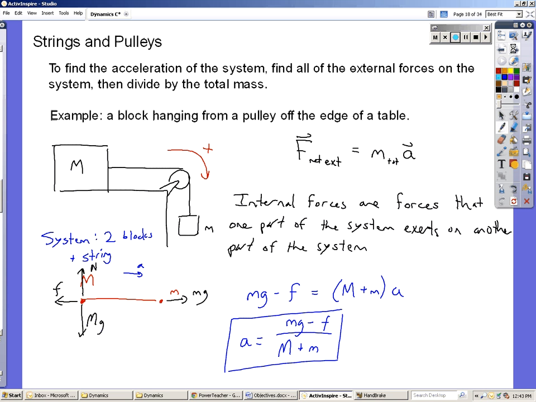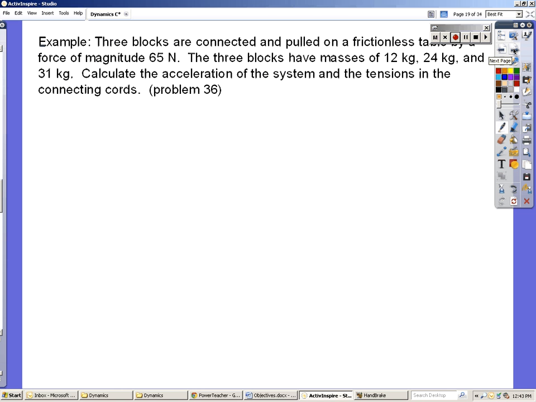Now an example. Let's say you've got three blocks that are connected and they are pulled across a frictionless table by a force of magnitude 65 newtons. Blocks have masses of 12 kilograms, 24 kilograms, and 31 kilograms. Calculate the acceleration of the system and the tensions in the connecting cords.